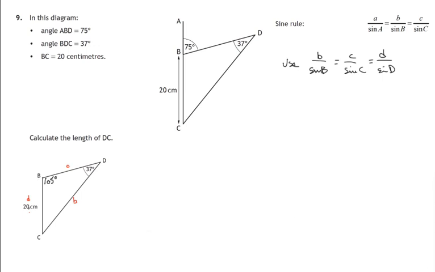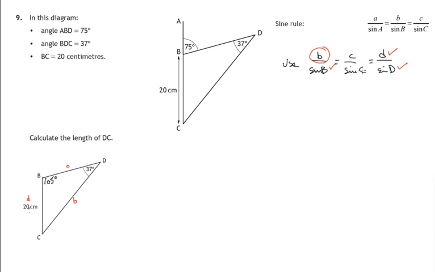So it's worth looking at this form of the sine rule and seeing, what do we know? We know d is 20 centimetres. We know angle D. We're trying to find little b, that's side DC, and we know the angle opposite that.